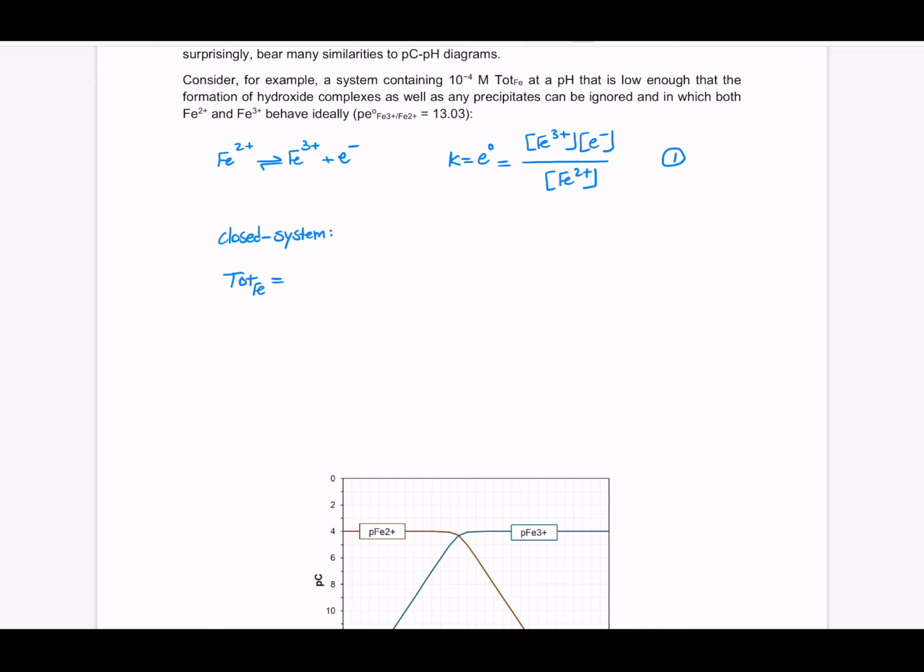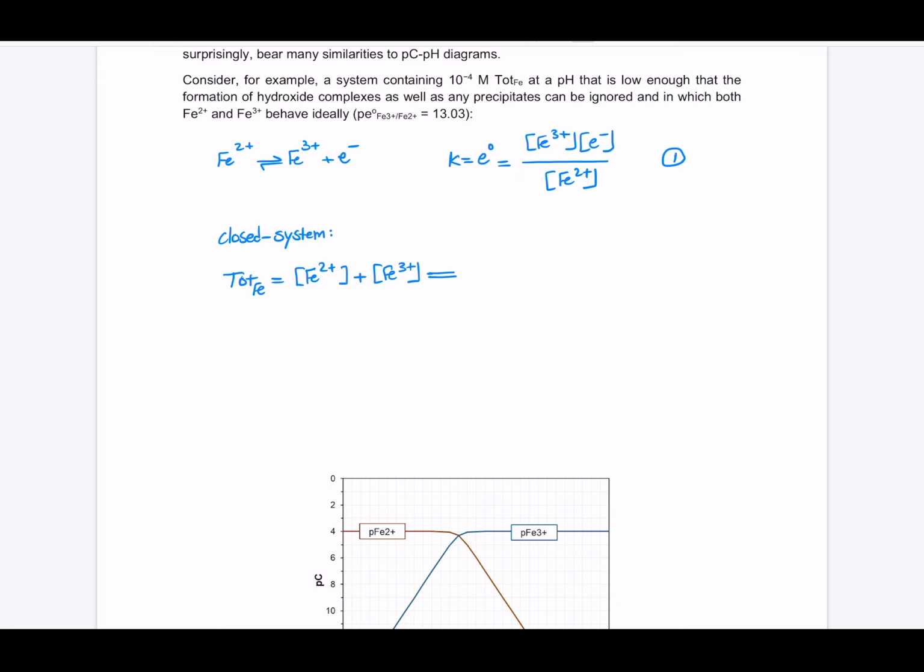It's 10 to the minus 4, equal to... Exactly. Both of them are Fe. So basically we have Fe2+ and Fe3+, and both of them are part of the mass balance. And we know this is 10 to the minus 4, which is given.